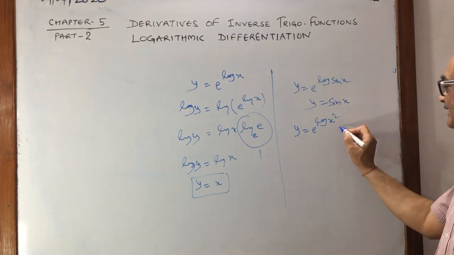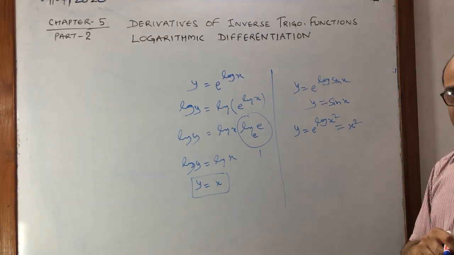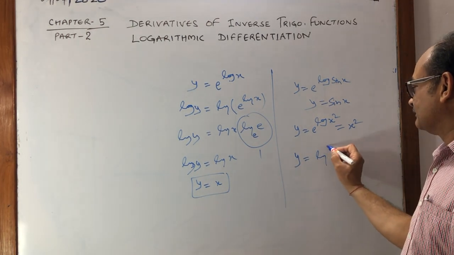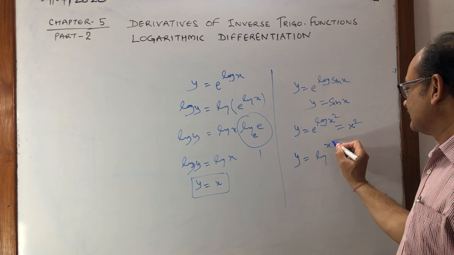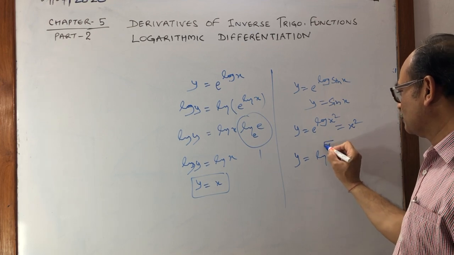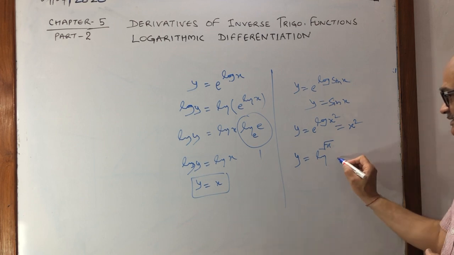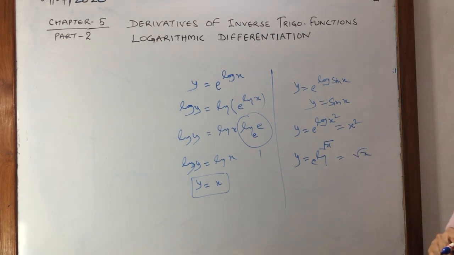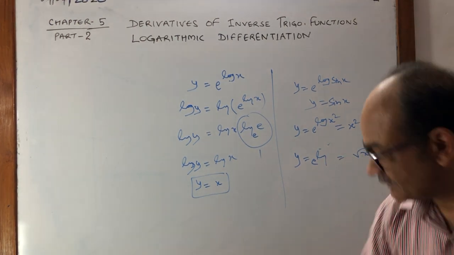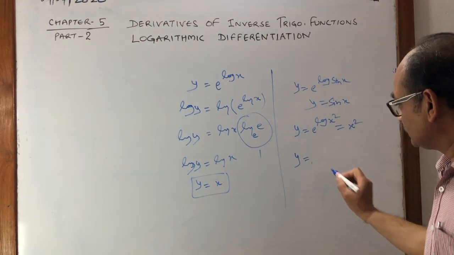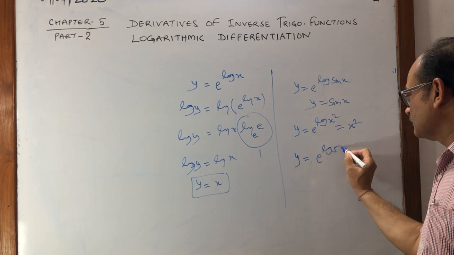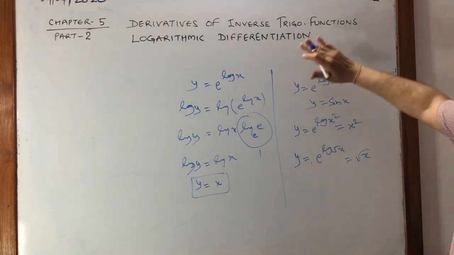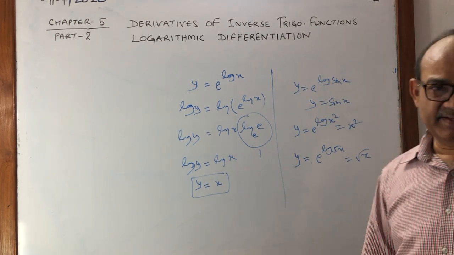Answer is x square. Y equals e to the power log root x. Answer is root x. So this form we can apply many times.